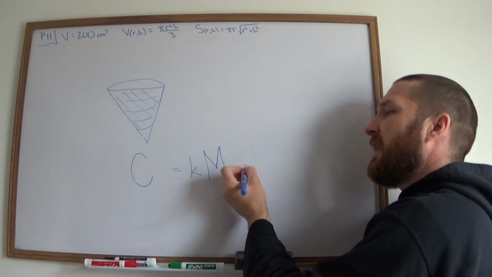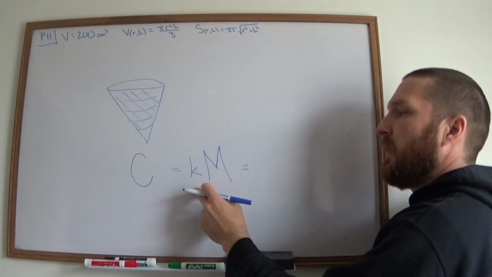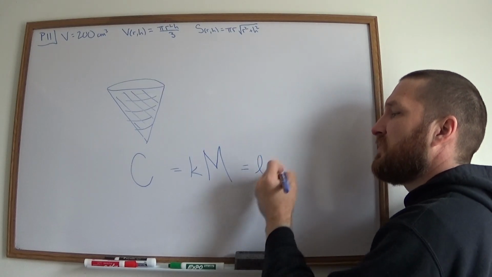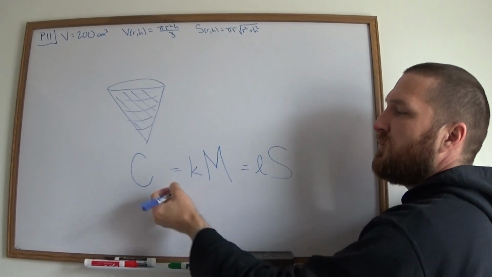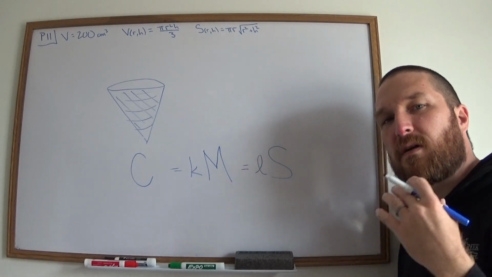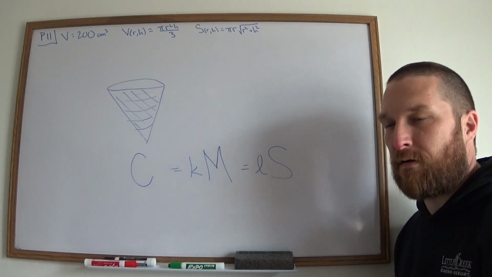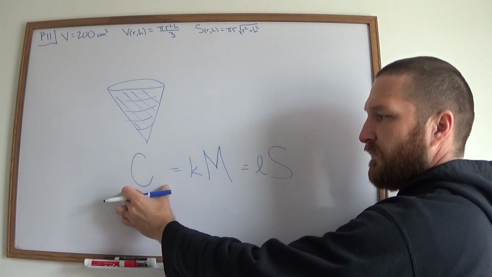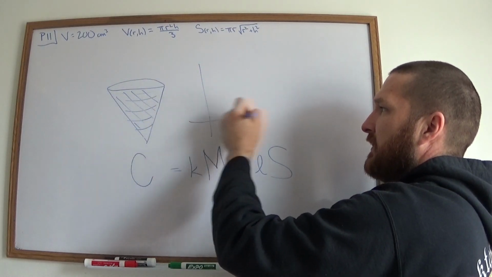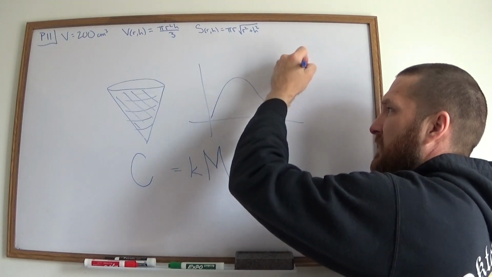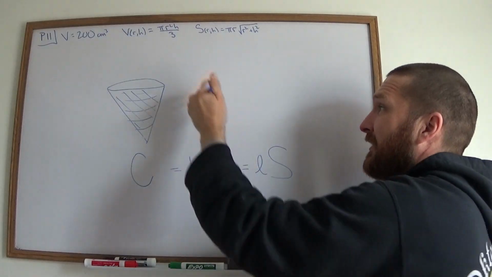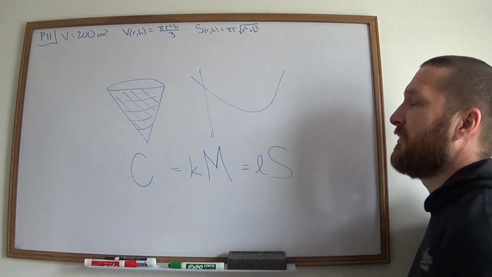But then you could say that's proportional to some other kind of constant, how about L, times the surface area, and then you have your cost function, which is some constant times the surface function. But if it's just some constant, it won't matter. If this is your function C, whatever it happens to be, it looks like this. There's some kind of cost, and I'm implying that you're minimizing it, so you're looking for a minimum. There's some kind of minimum for C.